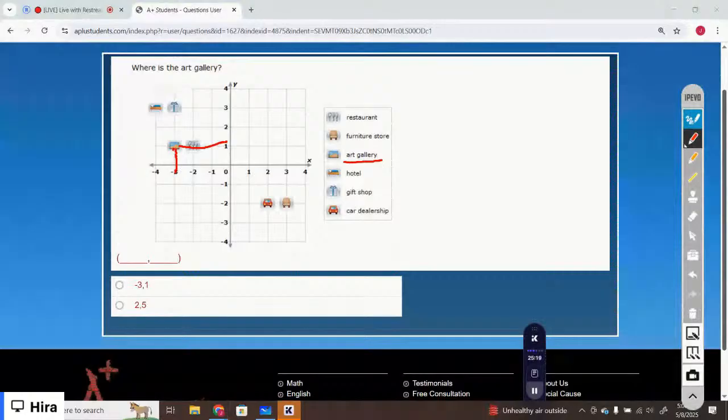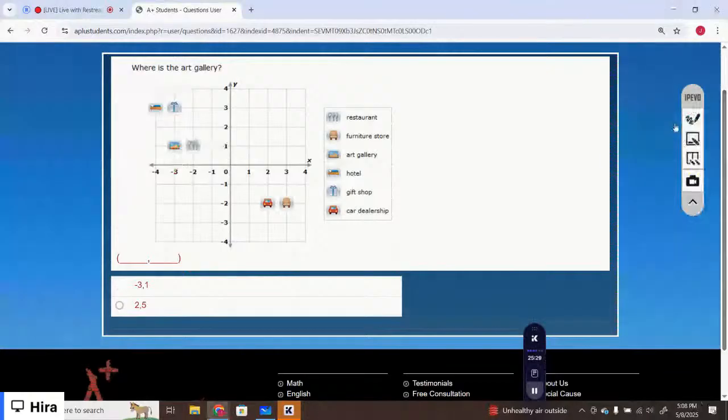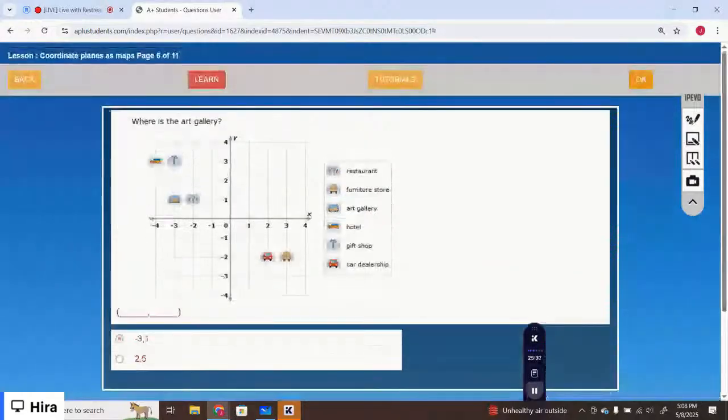Option number 1 is the correct option. That is -3 and 1.